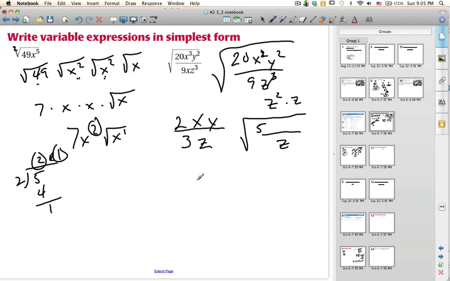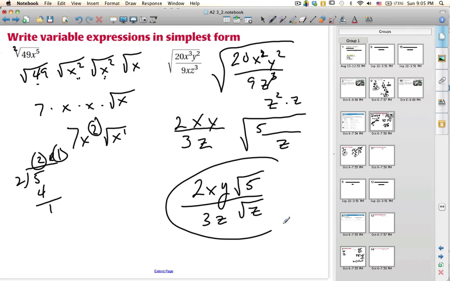So I wrote this a little awkwardly. So I have 2x, y, and I'm going to go ahead and put this radical 5 up here, over 3z radical z. And I would consider this fully simplified, except for the fact that I can't have a radical in the denominator. So I'm going to multiply this whole thing by radical z over radical z.